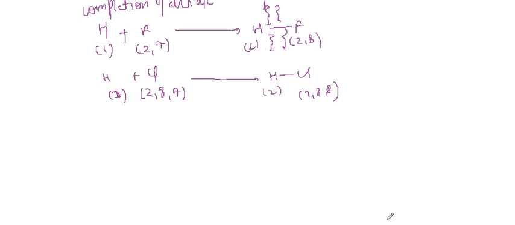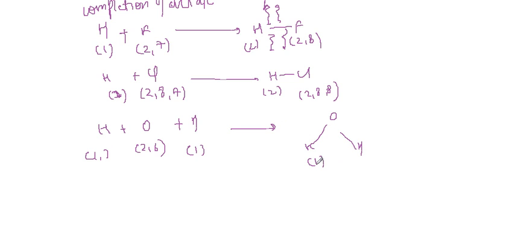Again, if we talk about H2O, oxygen has 2, 6 electrons and each hydrogen has 1 electron. So H becomes 2, and O becomes 2, 8.